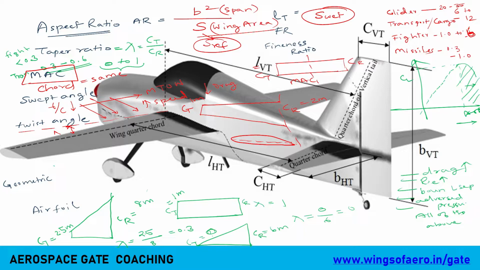What should be the percentage of thickness to chord ratio based on the application? For a fighter aircraft, what should it be? If a designer is going for a transport or cargo aircraft, what should be the thickness? If it is a very low speed aircraft, what should be the thickness to chord ratio? They ask application based questions, how the factors are connected with the parameters. You should always be clear with these facts.